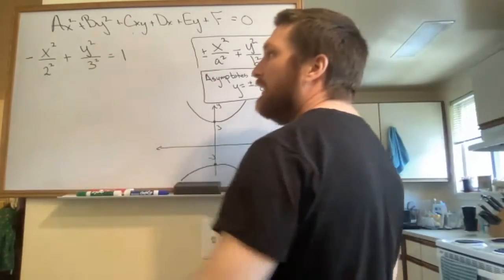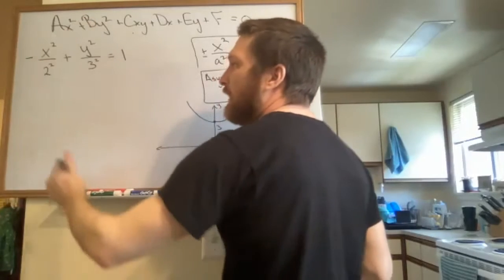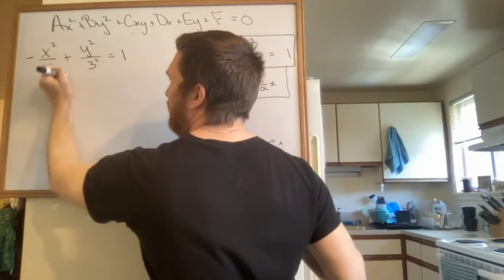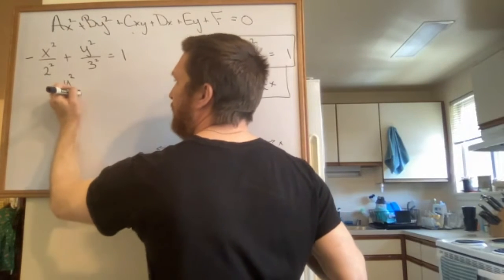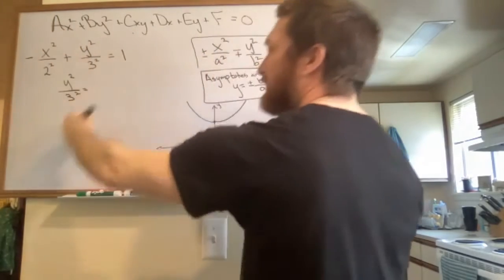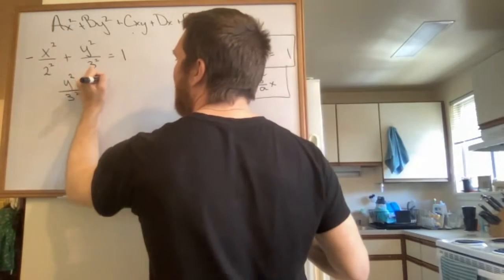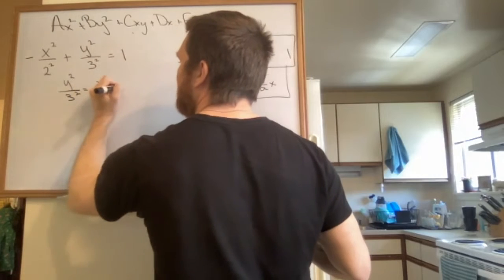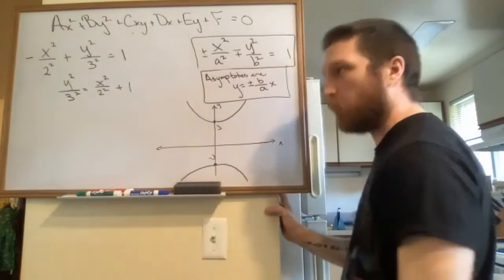The idea is that we're solving for y. We're getting y by himself. I'll keep y on this side this time because it's already positive. I'm going to bring the x squared over by adding x squared over 2 squared to both sides. Now I have a plus 1.